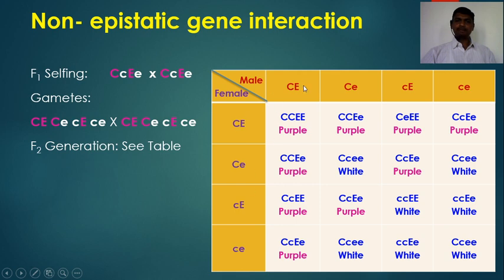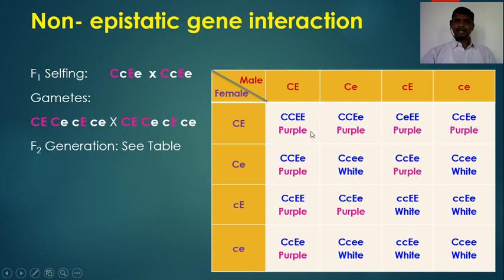So when they combine with each other, this capital CE combines with the capital CE during the process of fertilization, it produces the progeny capital CCEE. Here also this combination makes different combinations of the alleles.